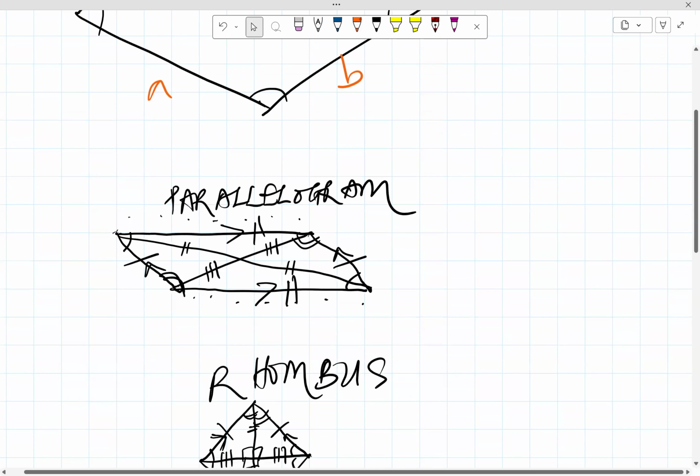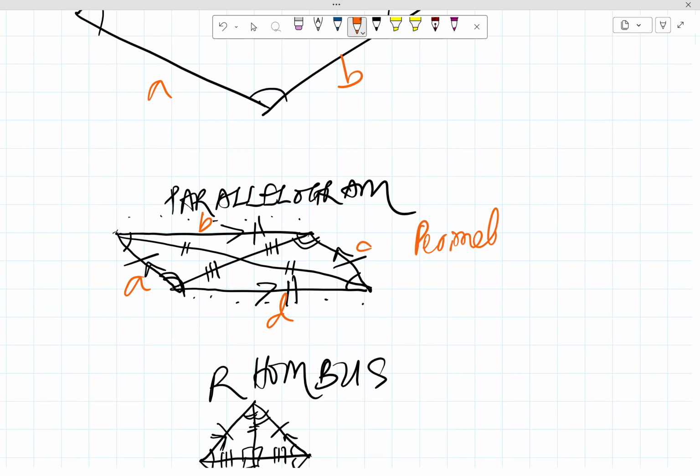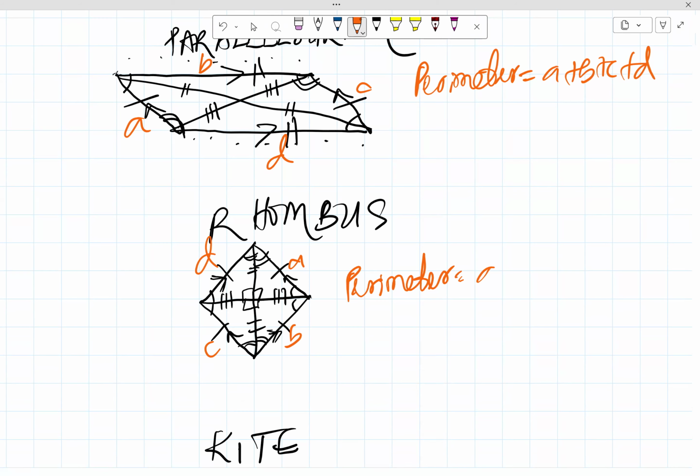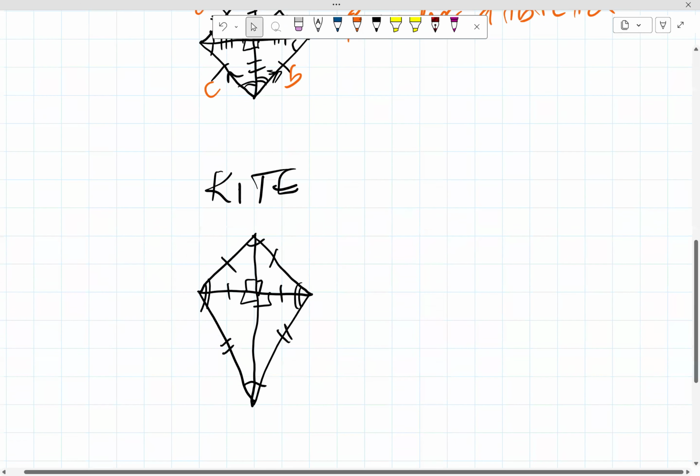Then next, what if you say this is A, B, C, D? The perimeter is still A plus B plus C plus D. And for a rhombus, imagine you have A, B, C, D. The perimeter is still adding up all those sides, so A plus B plus C plus D. That's what the perimeter looks like. For a kite, same story.